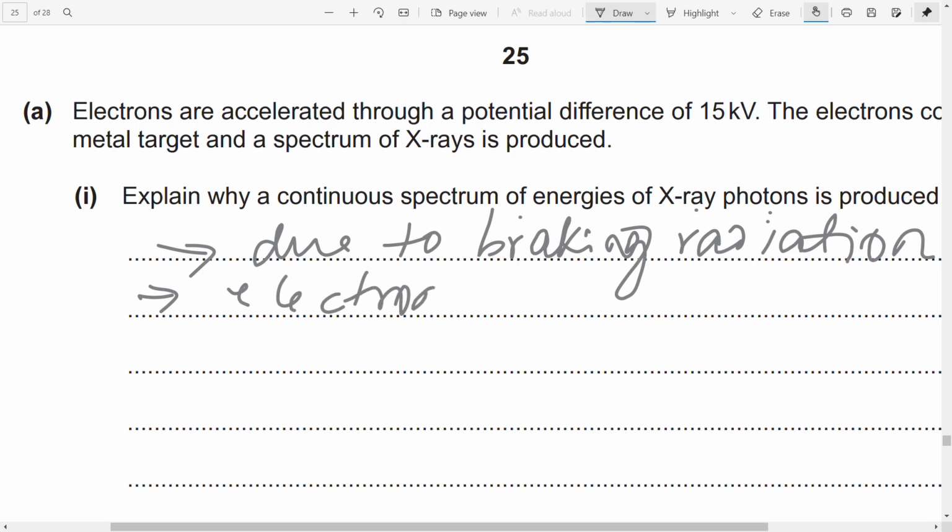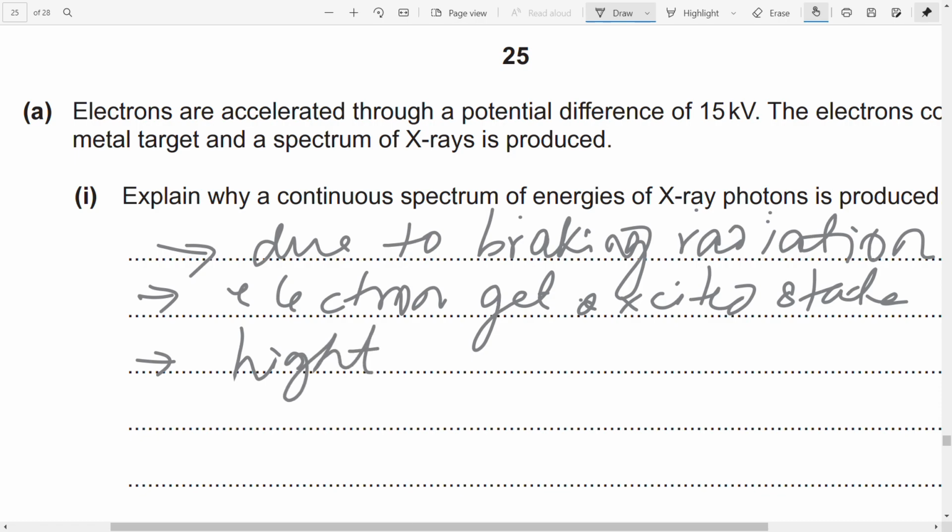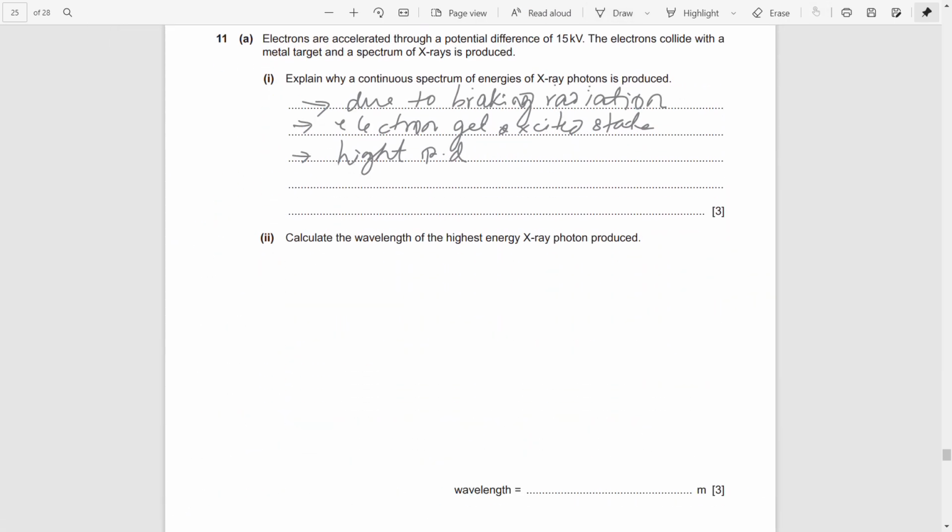If you write this point also, you will get full marks. Don't worry about it. Electrons get to an excited state. And the final one is due to high potential difference. If you just write this point also, then you will get, I could say, 3 out of 3 marks.